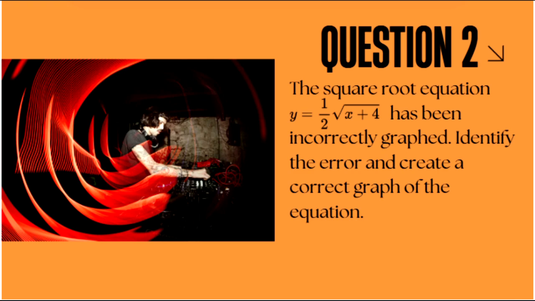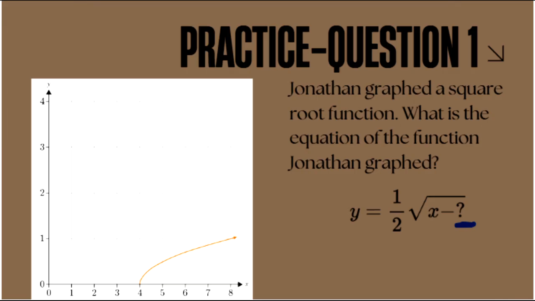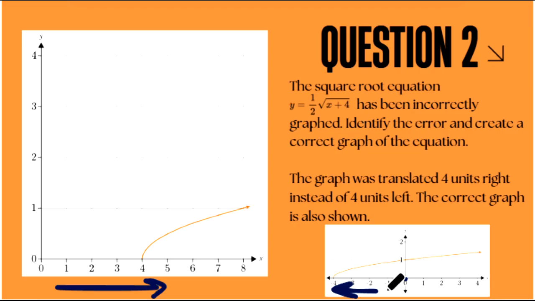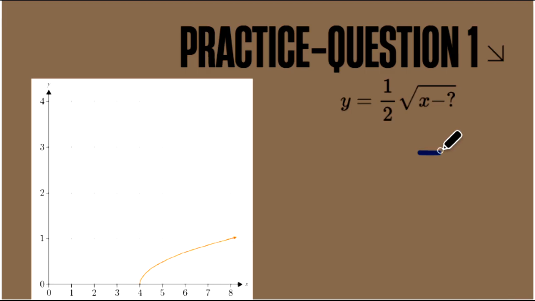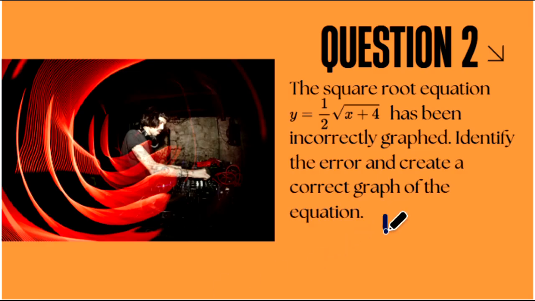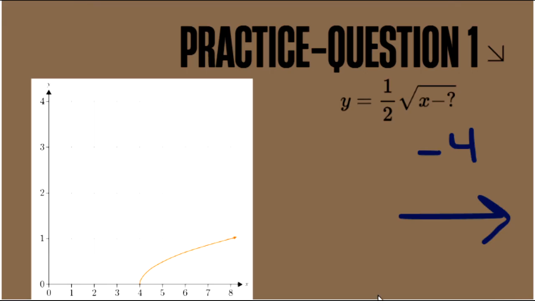We have 1/2 times the square root of x plus 4, and now it's asking us 1/2 times the square root of x minus. So when it was plus 4, it got moved the opposite direction. So this one should be minus 4 in order to move that way. The plus 4 ended up moving the graph, the starting point, into the negatives. So minus 4 is going to end up moving it into the positives. Okay? That's the way my brain works.